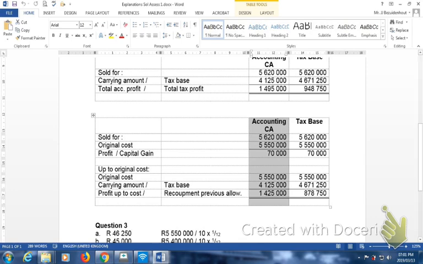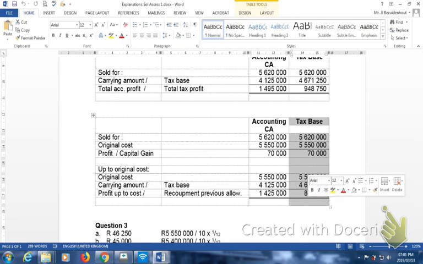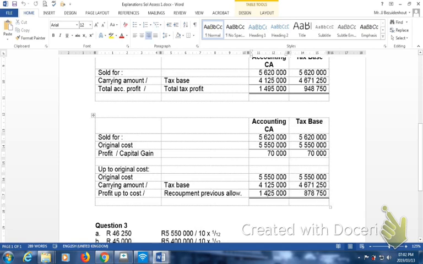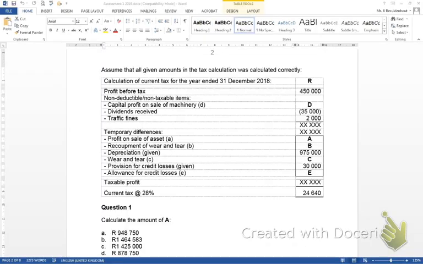And on the tax base side, you have a recoupment of original cost minus tax base, which gives you a recoupment of previous tax allowances, wear and tear allowances, of 878,750 rands. Now that you've calculated these two amounts, they will be included in A and B, as you can see there.